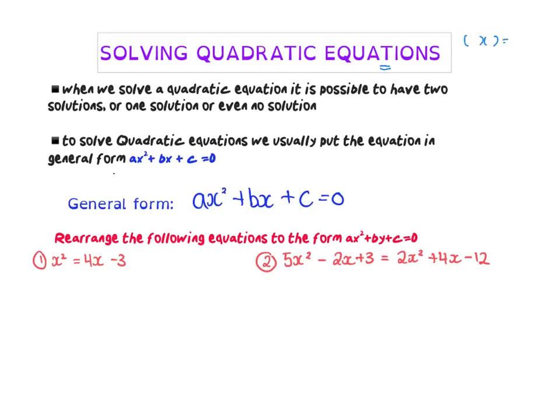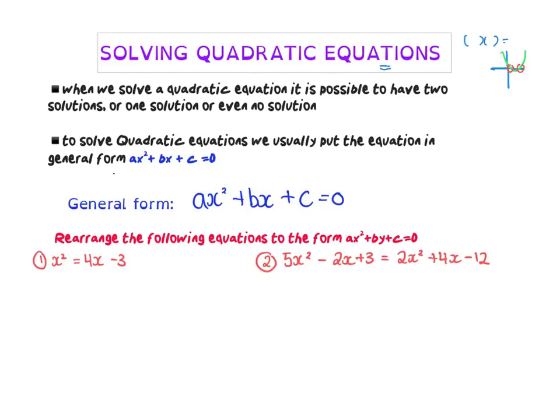Sometimes a quadratic could have, generally we see two solutions, but it can have one, or sometimes it has no solution. So what you're actually doing is, if you were to graph a quadratic, it will look like a curve like this, and when you solve it you'll get two answers, you might get x equals something. It's actually when it's crossing the x-axis.